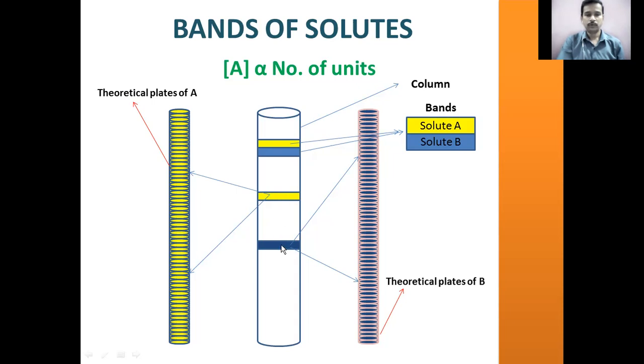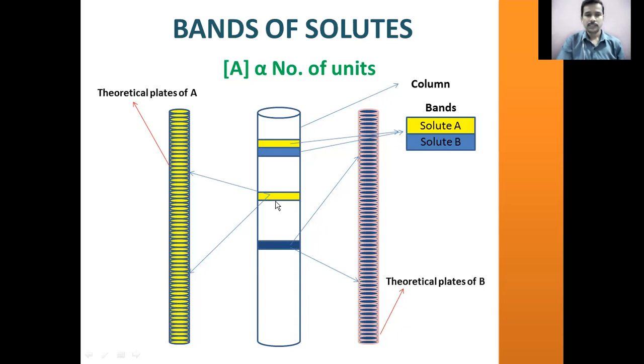this blue band, which is the band for solute B, has several imaginary discrete units, and all these discrete units are presented here. So band B for solute B or band A for solute A is made up of several discrete units.